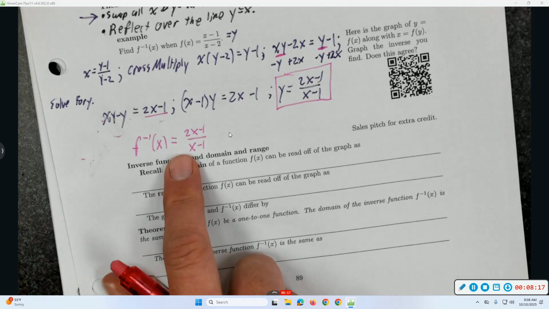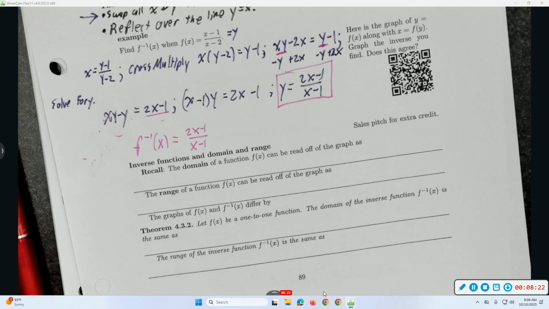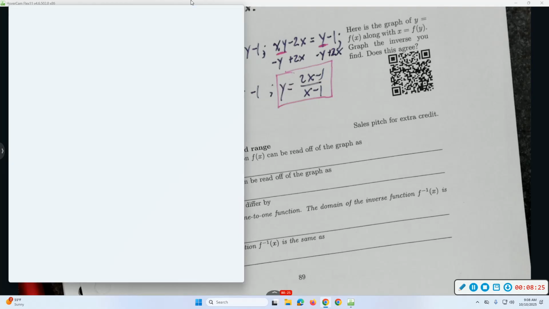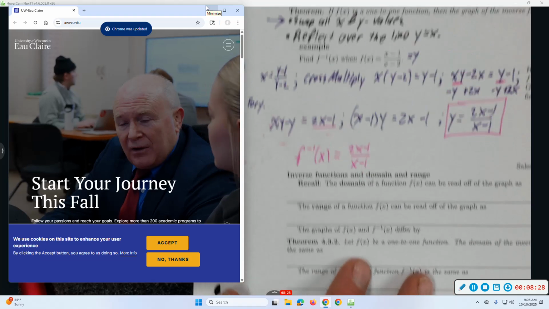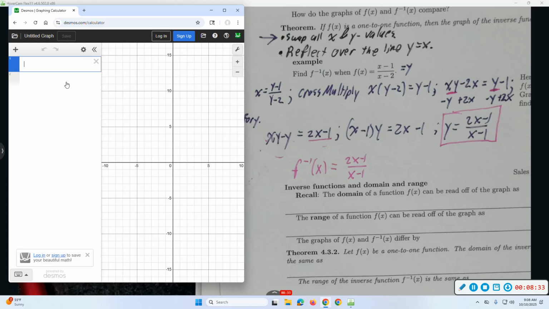Nice. So there's the inverse function. Let's check that. The inverse function should do something with the graph. So let's see if it does the right thing with the graph. All right, cool.